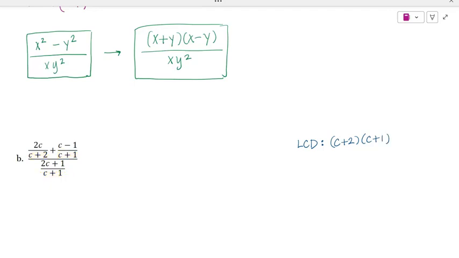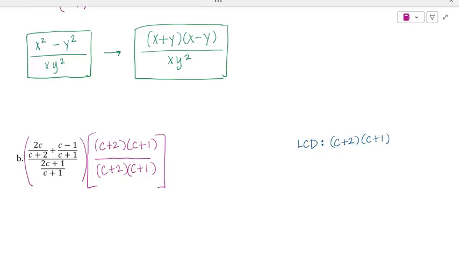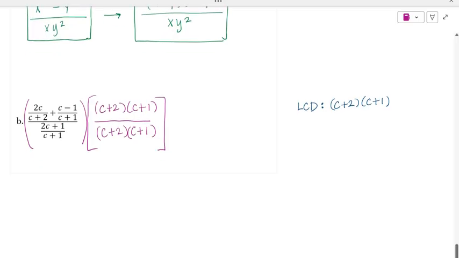I'm going to multiply the main fraction by the same thing in the top and the bottom, c plus 2 times c plus 1, which is my least common denominator. Let's focus on this being multiplied by this fraction first.